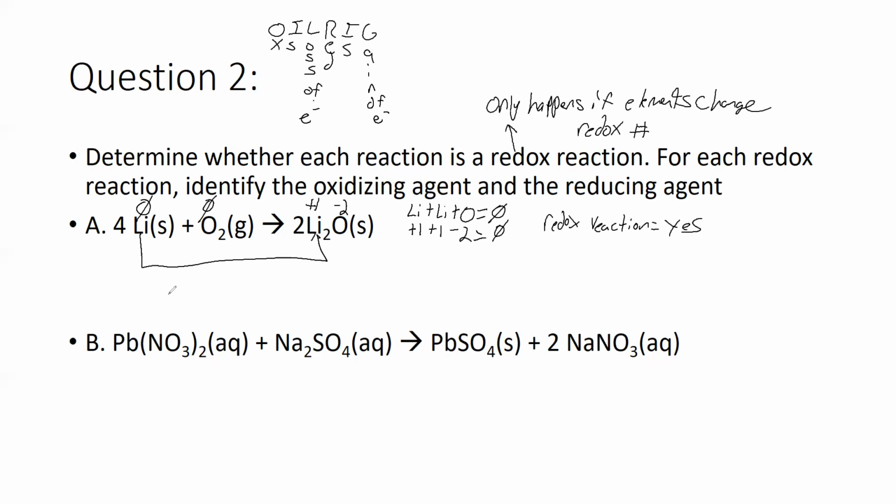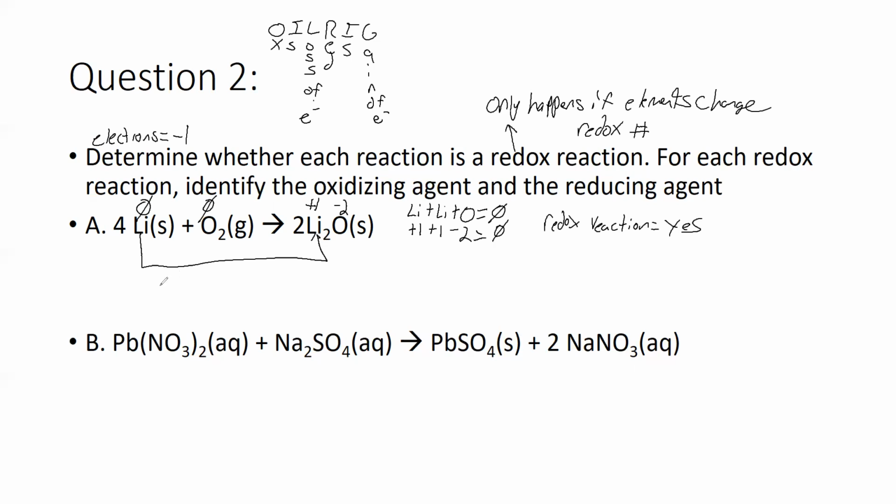If I go from 0 to +1, did I gain an electron or did I lose an electron? And remember, electrons have a -1 charge. You lose an electron, yes.